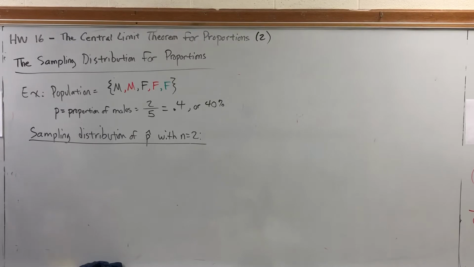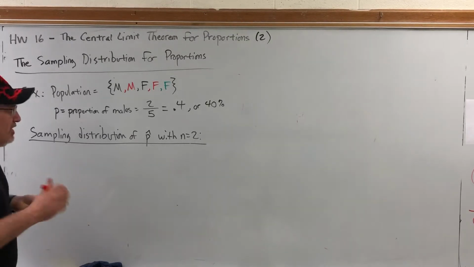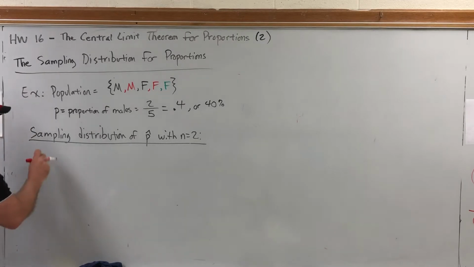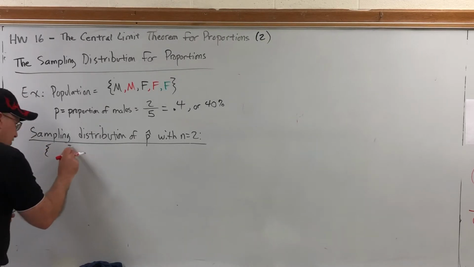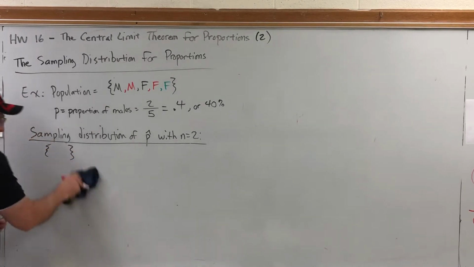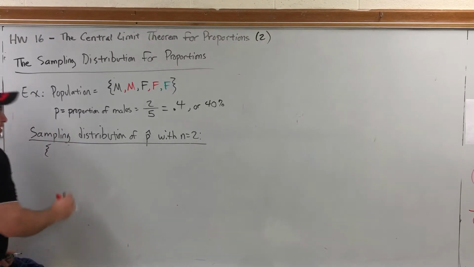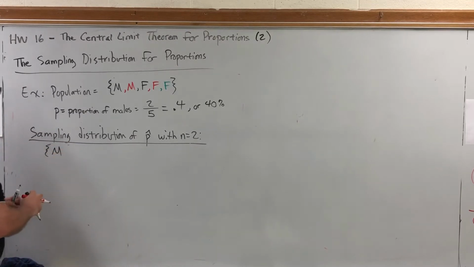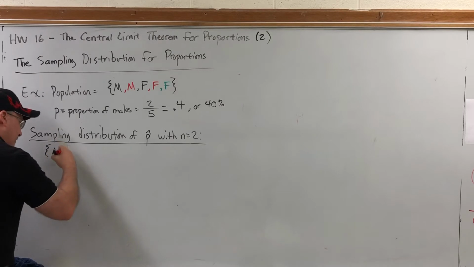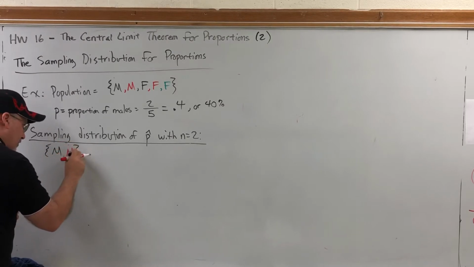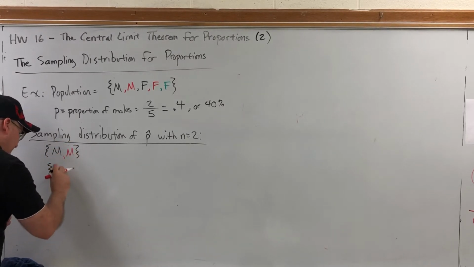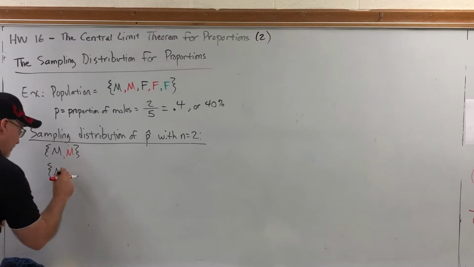Oh yeah, we're making a sampling distribution for p hat for a sample size of 2. So we need to list all possible samples of size 2. Let's start with all the samples that contain the first male. So if they contain the first male, then it can either contain the second male, or it can contain any of the 3 females.